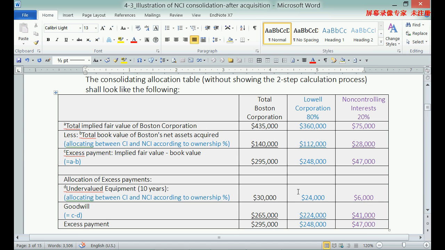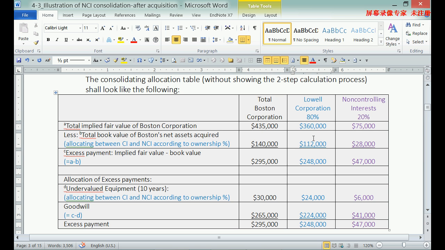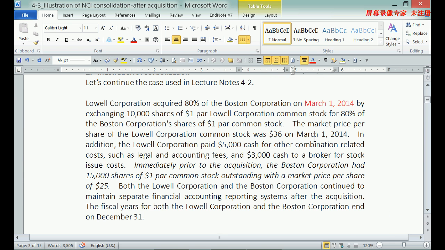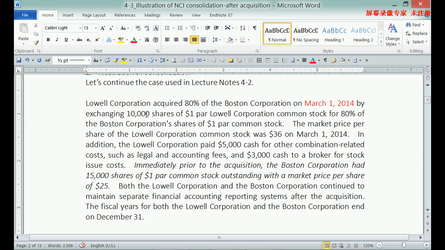So we start with the allocation table, and this could be traced back to note 4.2. I want you to go back and read it, but it's basically pretty simple. How do we calculate the fair value of Boston Corporation? We start with the Lowell Corporation's payment, which is $36 per share, 10,000 shares.